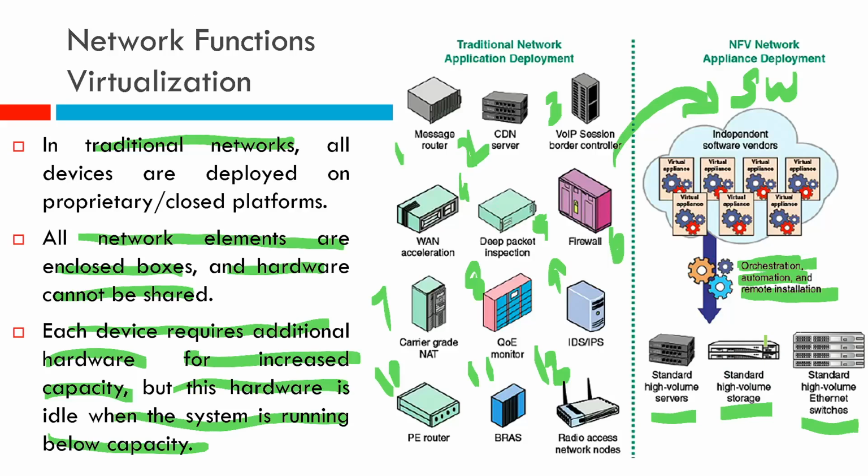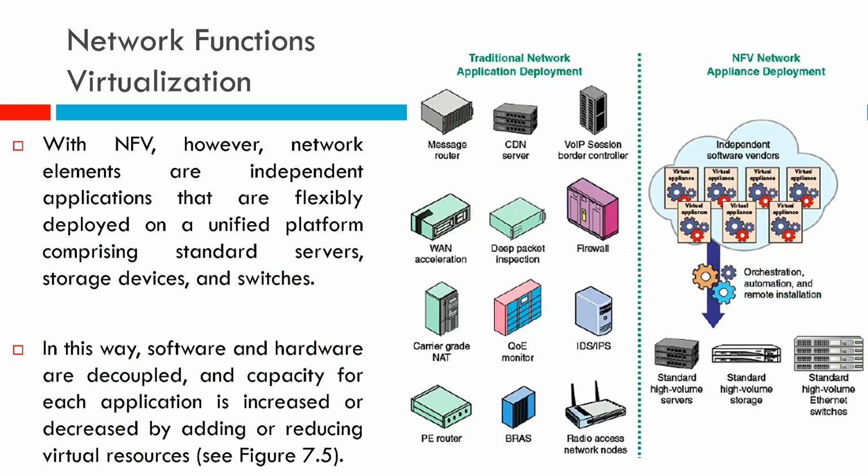These are the conventional things that is entirely automated, and that gives more than these benefits, and it can achieve high throughput, right? So with NFV, however, the network elements are independent.